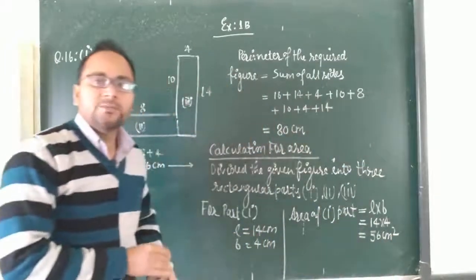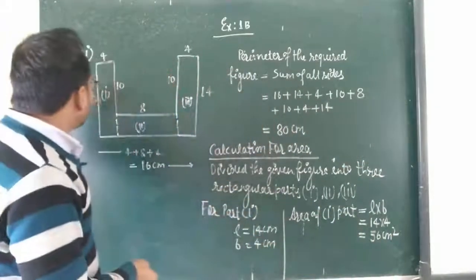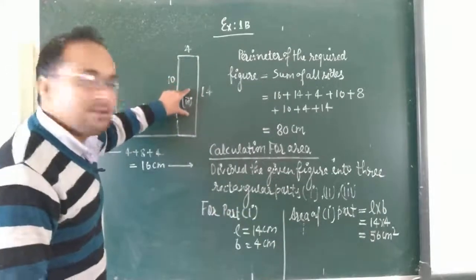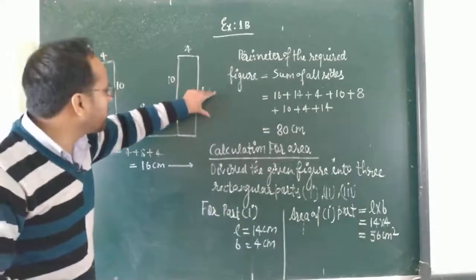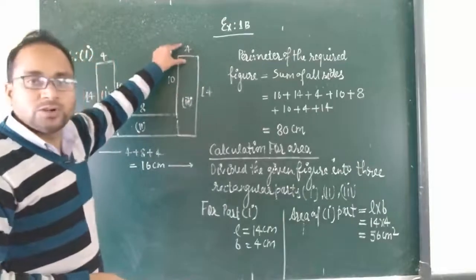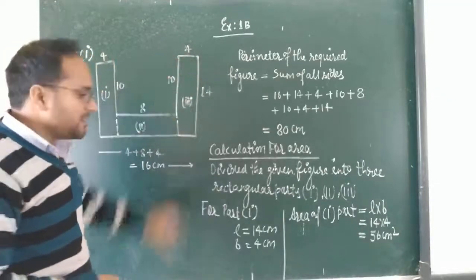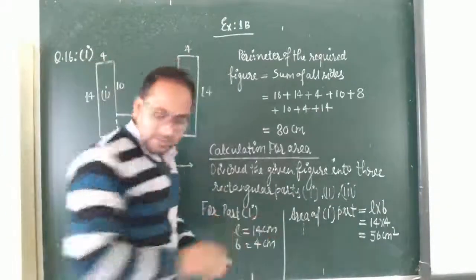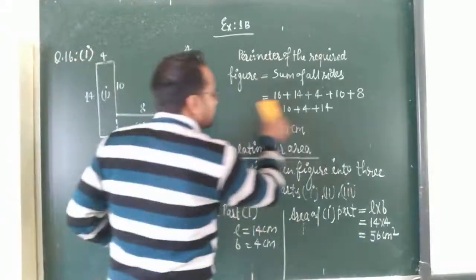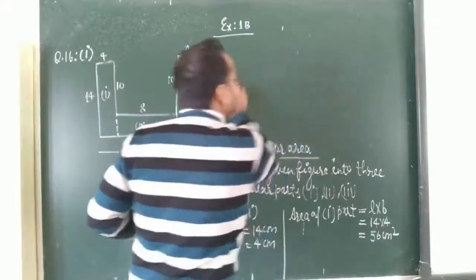So this is the area of this first part, and this first part is equivalent to the third part. Its length is also 14 and breadth is equal to 4, so you will get the same area.